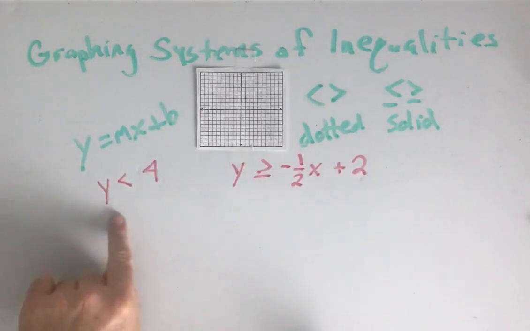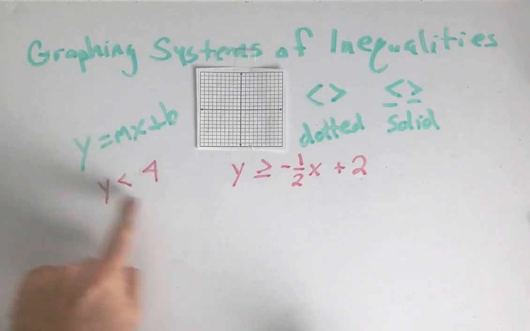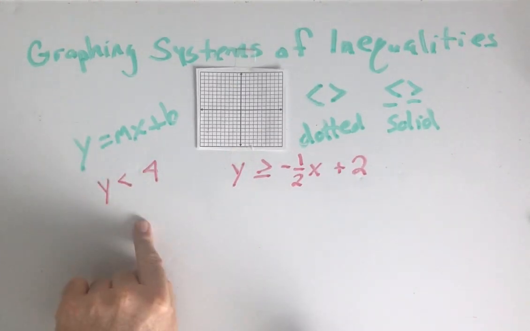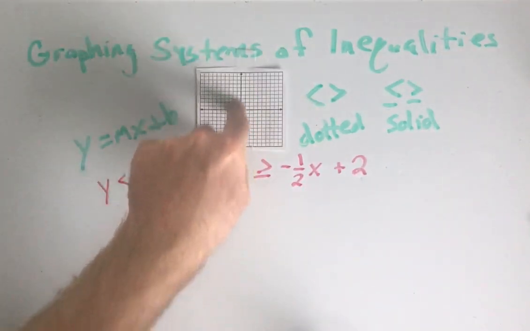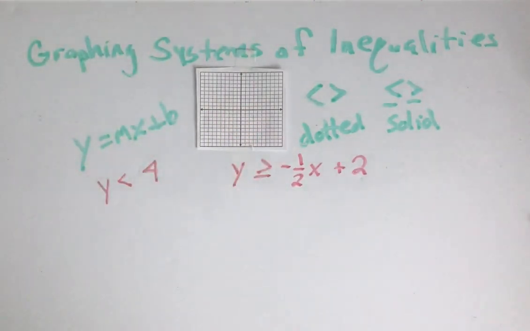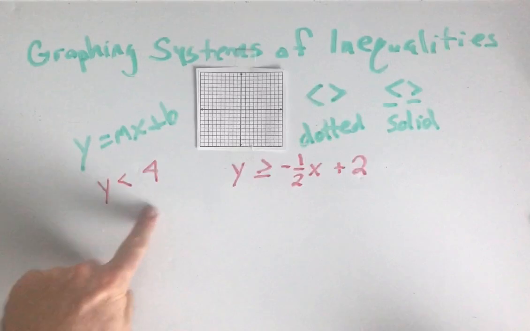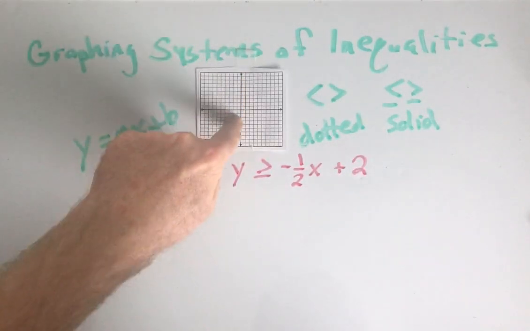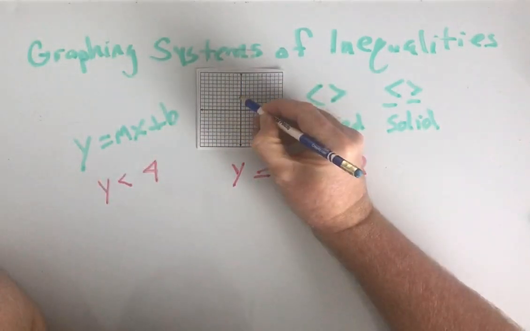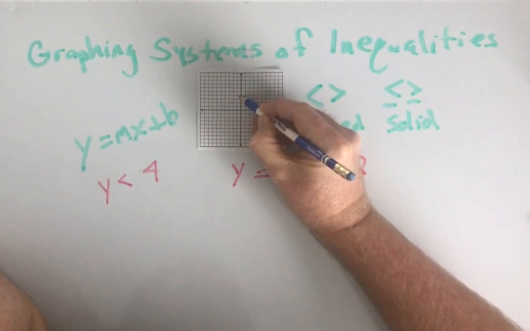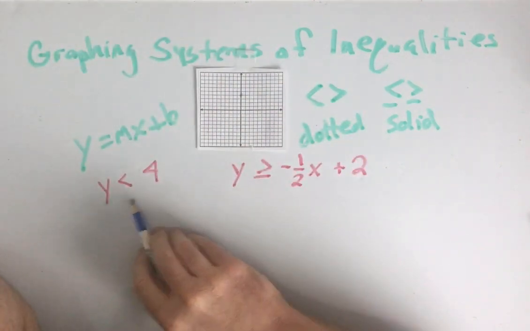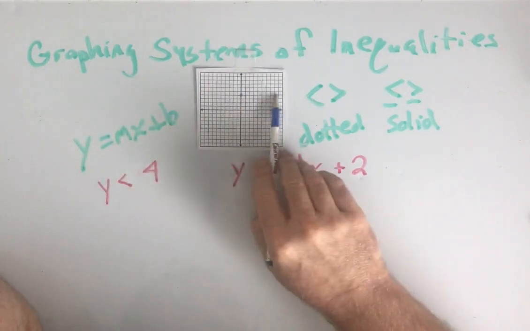So this right here, y is less than 4, okay? So we're going to go to the y-axis, okay? And we are going to find 4 on the y-axis, all right? So y is 4 is right here, okay? Now, every place where y is 4 will just be a straight line right across here.